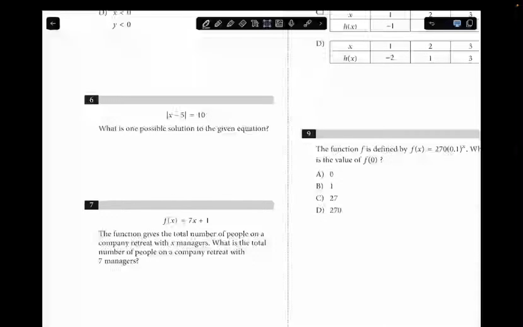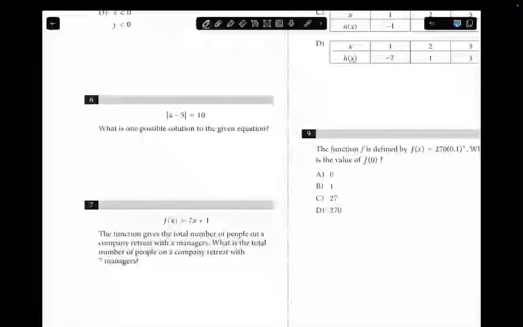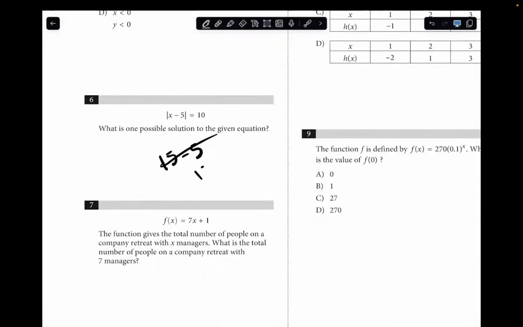What is one possible solution to the given equation? Wouldn't that be 15? I mean, you could also do negative 5, yeah. So it's 15 or negative 5.